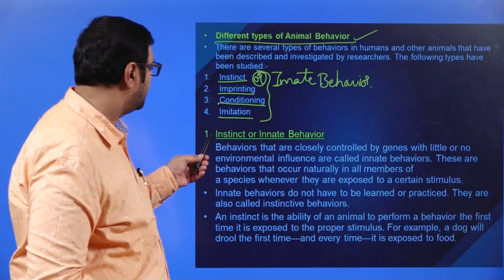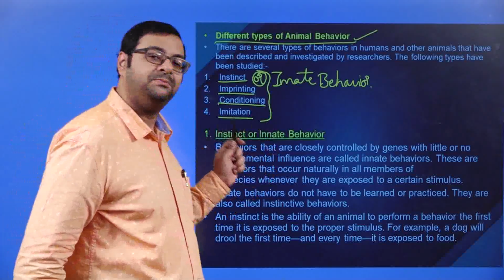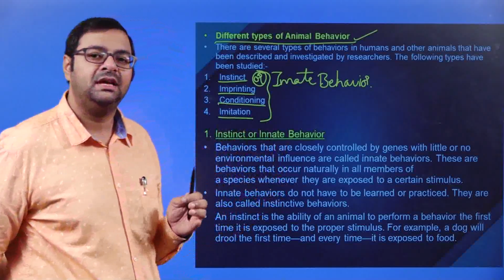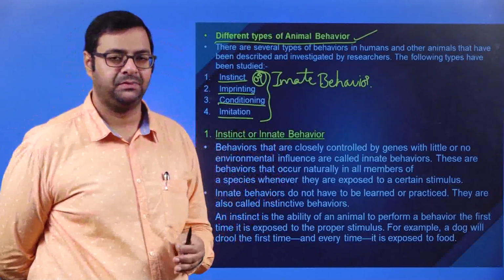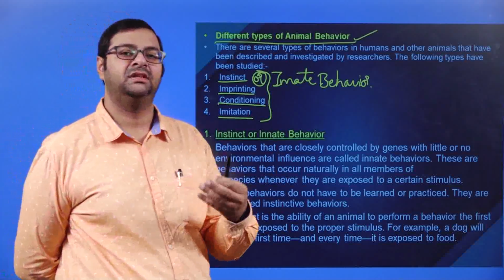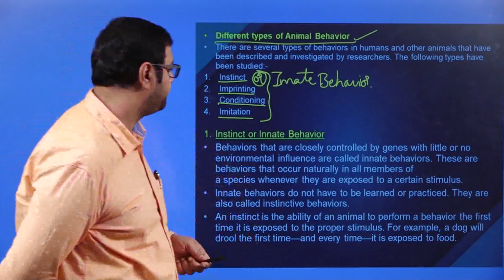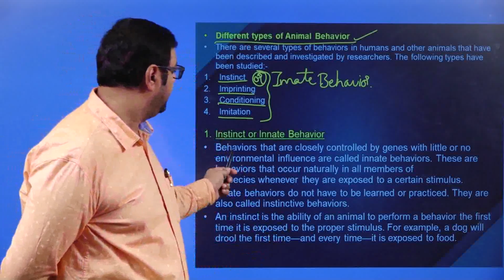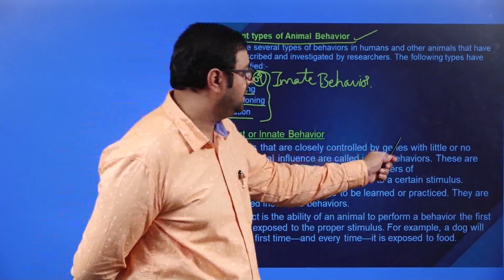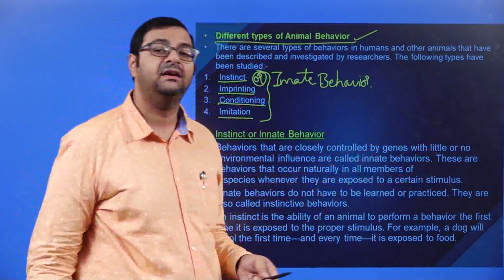Instinct or innate behavior is closely controlled by genes, which are exchanged during the sexual reproduction of the organism. Behaviors that are closely controlled by genes with little or no environmental influence are called innate behavior.